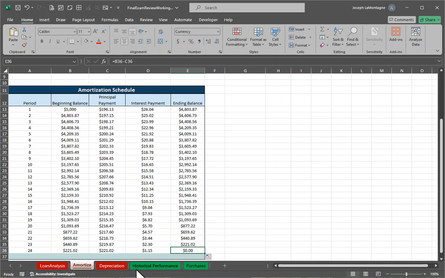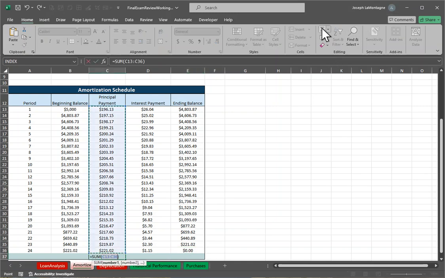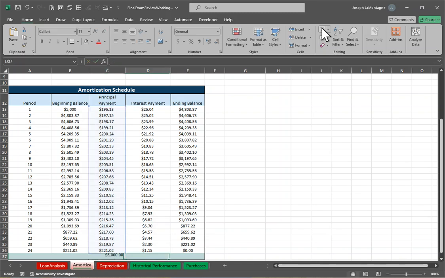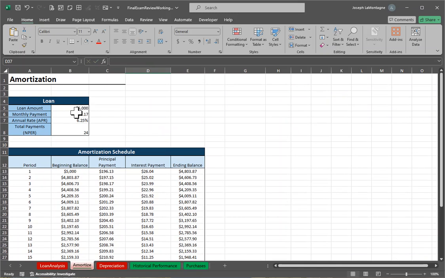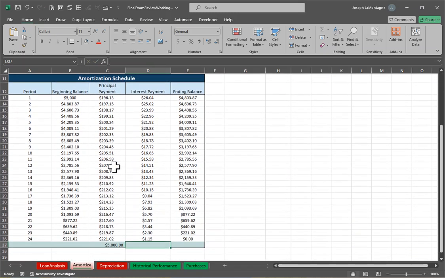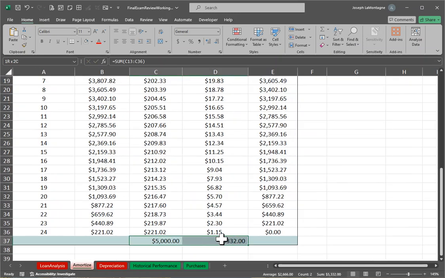Now, if you were interested, you could find out some extra information, like how much we paid. $5,000. That does make sense because we took out a $5,000 loan, and we did pay $322 in interest throughout the course.